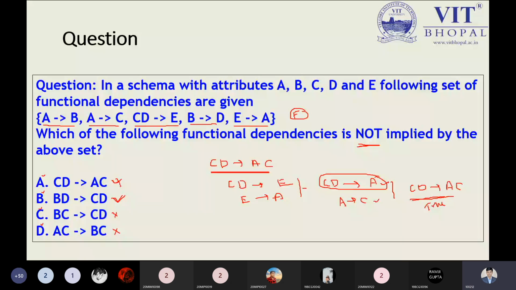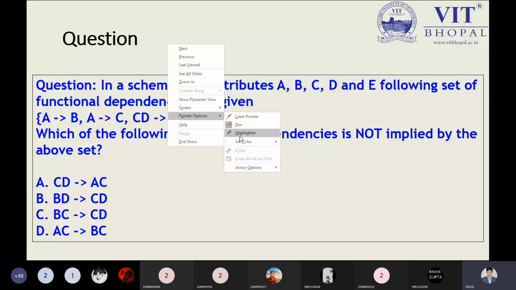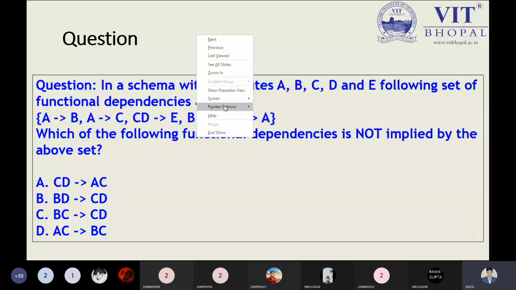Let me remove unnecessary points. This is the question I'm sharing here, and you can use your paper and pencil to solve it right now.